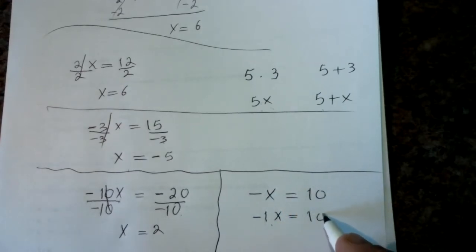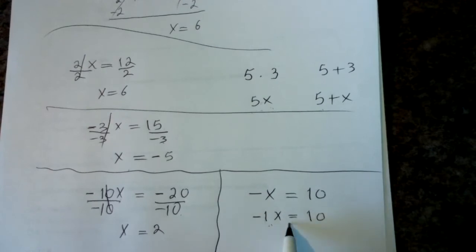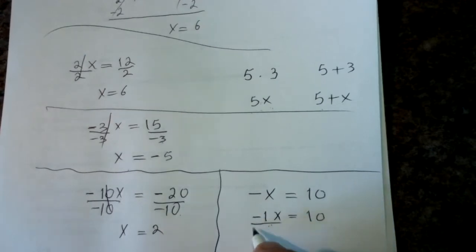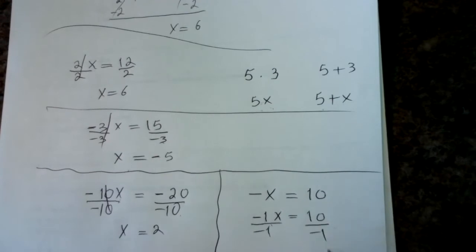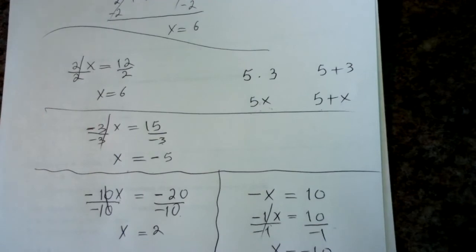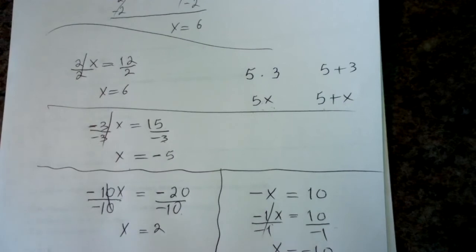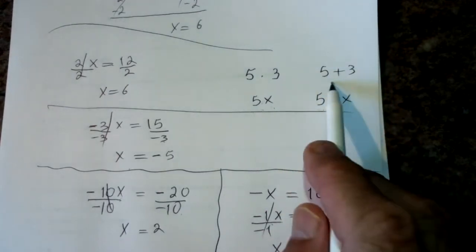So now what do I have? -1x is equal to 10. Divide both sides by -1. So x is -10, or you could just multiply both sides by -1, okay? So you need to understand the difference between multiplication and addition and subtraction.